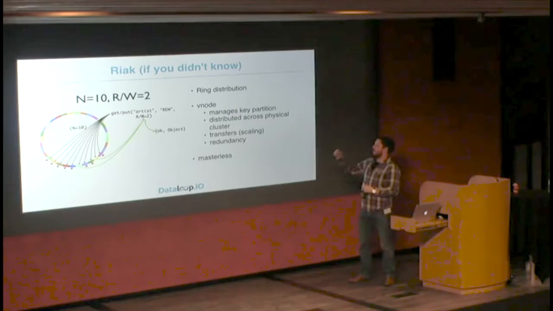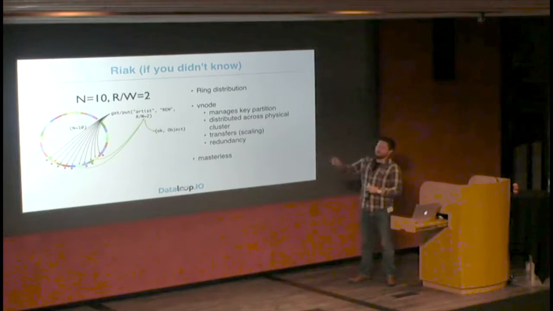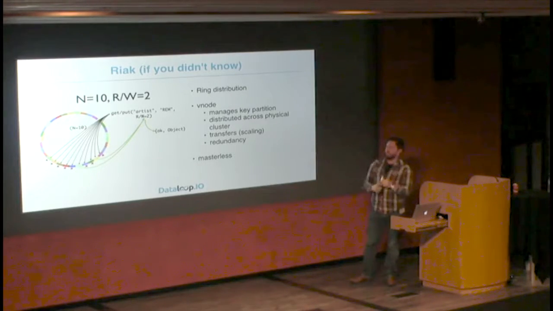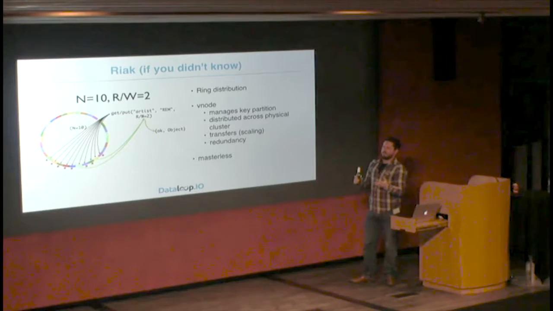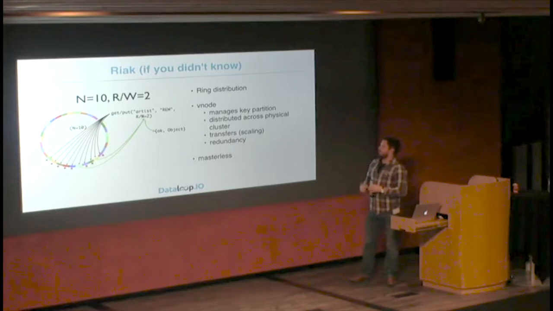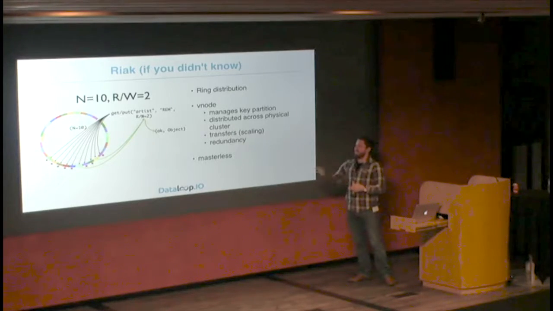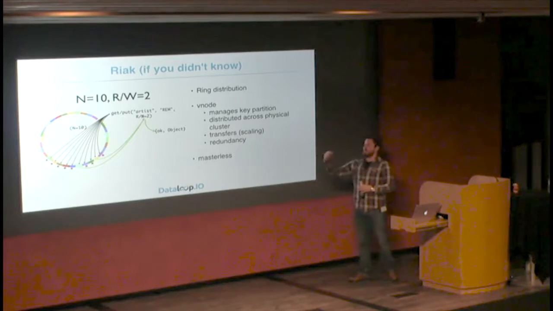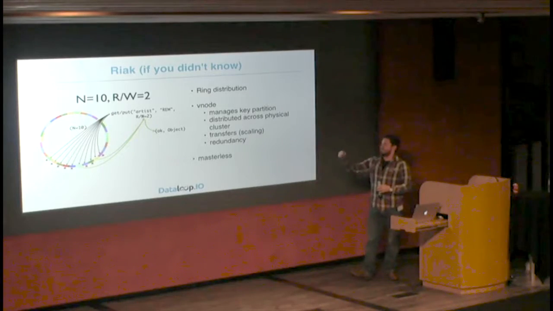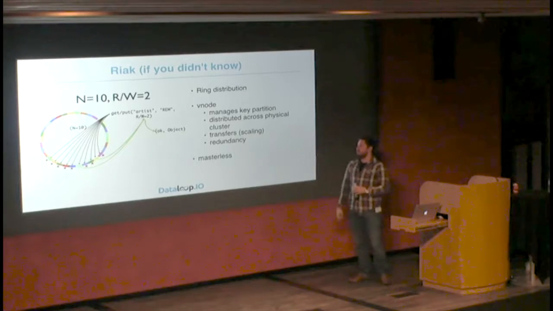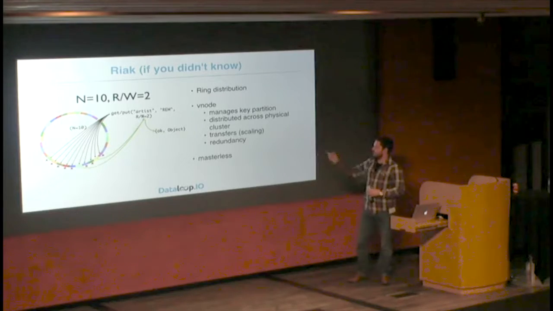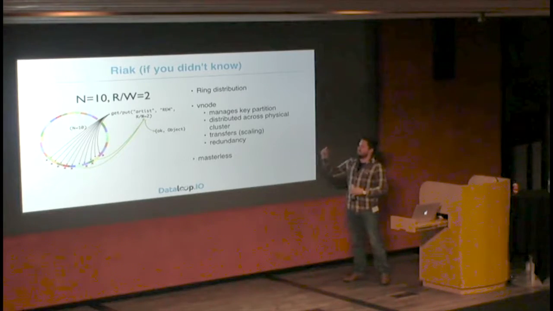That vnode will take care of things like transfers. So if you scale up or scale down your cluster, it knows that it needs to grab keys from somewhere or pass them off to somewhere. If you scale down, it will start handing off the keys onto another partition, so another vnode in your cluster. It's also great for failover and redundancy.